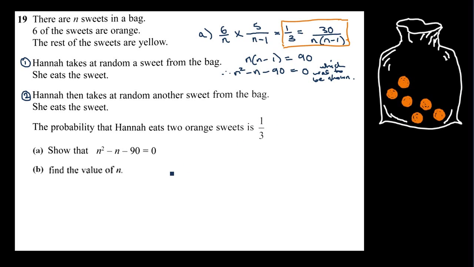But if you got that far, you then had in part B a really interesting, fairly straightforward quadratic equation to solve. And a lot of people, perhaps quite rightly, would immediately reach for the quadratic formula. So if you know the quadratic formula, x equals minus b plus or minus the square root of b squared minus 4ac all over 2a, that's a perfectly good, perfectly legitimate and perfectly sensible way of solving this.